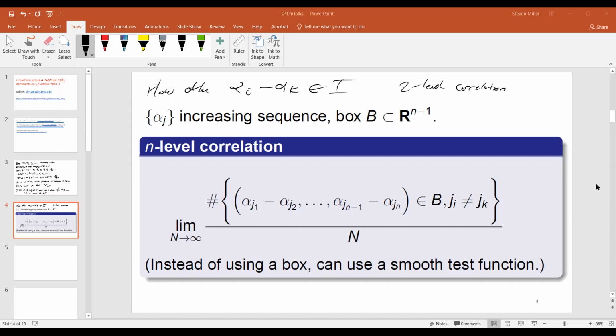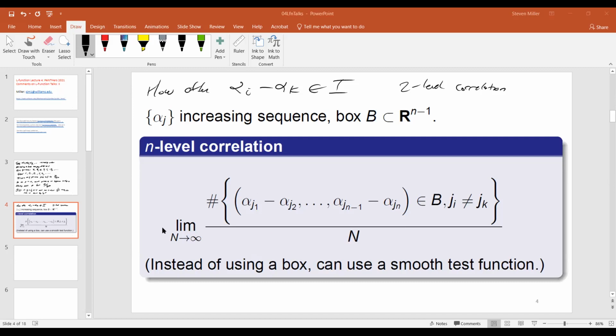And this is a great statistic to look at. You can look at it for a variety of different quantities. And it turns out, if you know the n-level correlations, essentially for any box and for all n, you can use that to deduce the spacings.